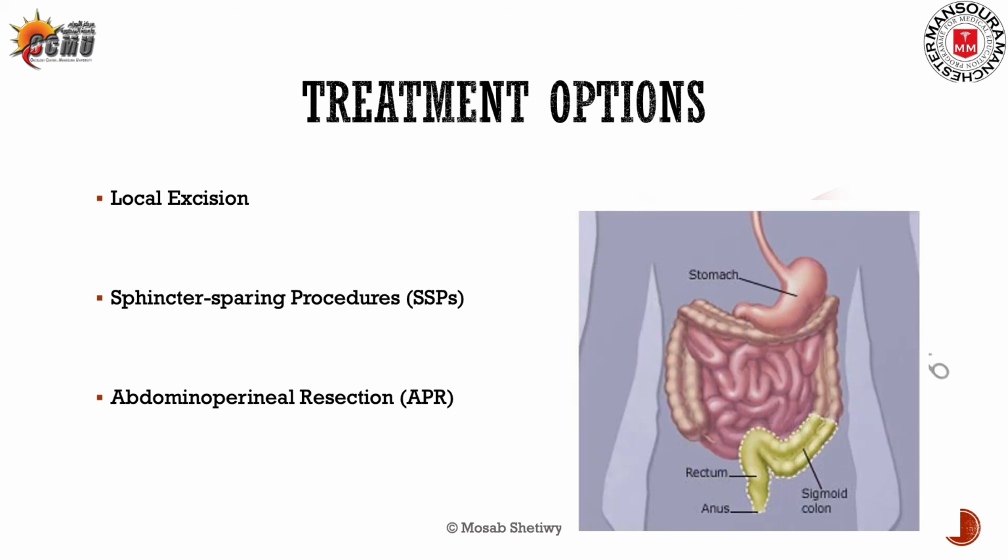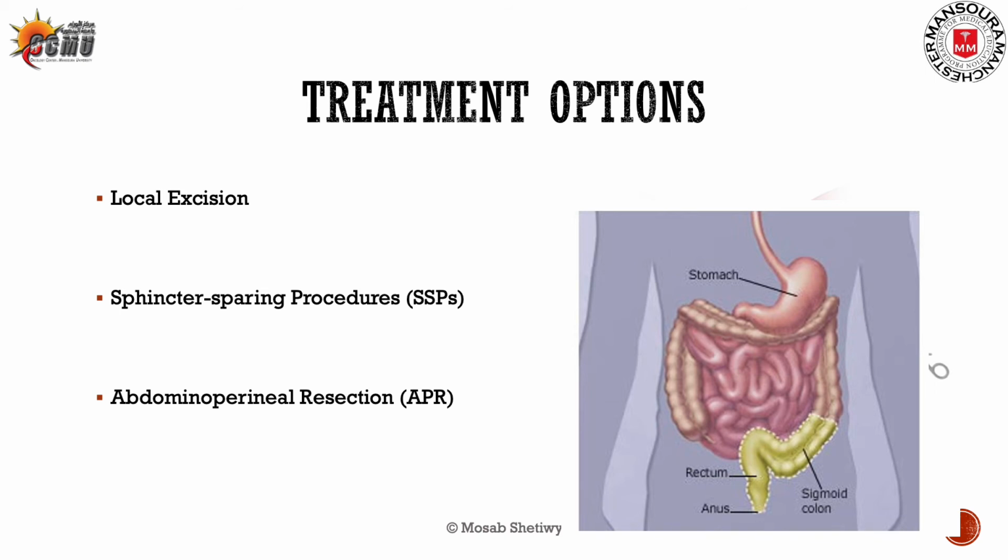Abdominal perineal resection means removal of the sigmoid, rectum, and anal canal, and performing a permanent left colostomy. This is exclusively for patients with invasive T2 to 4 tumors who meet one of the following criteria.